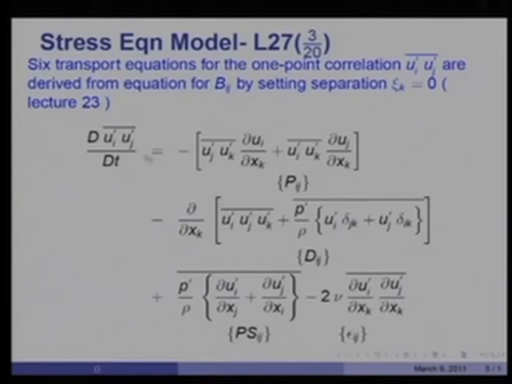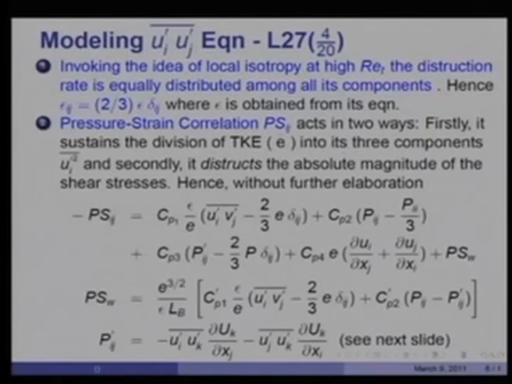We will make use of this fact a little later in deriving the algebraic stress models, where we will point out that these terms, which make the equation a differential equation, can actually be simplified. So, invoking the idea of local isotropy at high turbulence Reynolds number, the destruction rate is equally distributed among all its components, and hence epsilon ij is taken now as 2/3 epsilon delta ij, where epsilon is obtained from its equation, the epsilon equation.